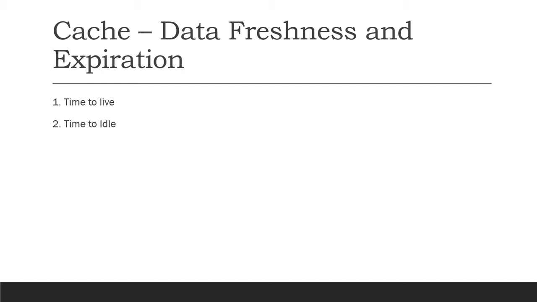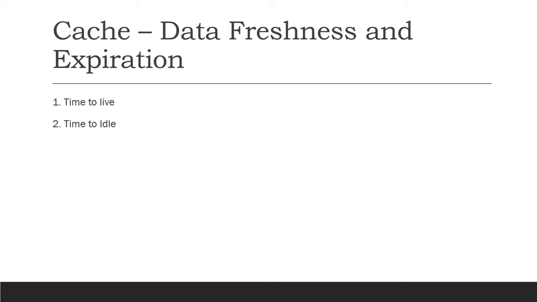For example, the cache data should be synced with the database. If any update happens in the database, it should be synced with the cache. That is not possible. So here we have a few configurations for this.